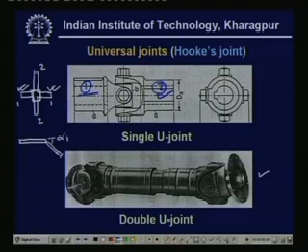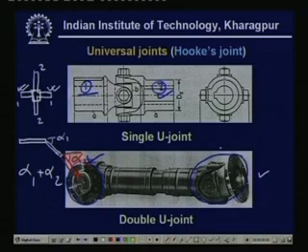But if we add one third member into that, then we can take care of alpha 2. So the total angular misalignment which can be taken care of may be alpha 1 plus alpha 2. What you see here is nothing but two such joints. Here is one joint, and another joint is there. So two joints are used, and this may add to the flexibility of the whole system.